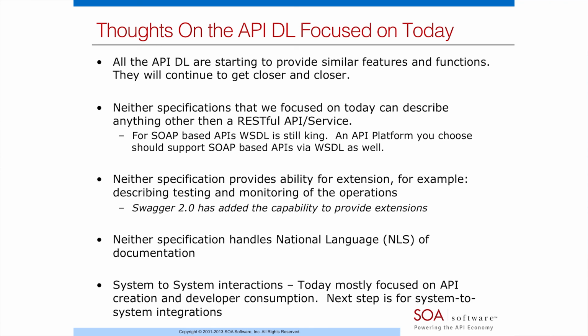Today, the focus on these API description languages really has been on the consumption side of the house, how to make it easier for people to consume, how to make it easier for providers to govern, describe the metadata. So we'll see a lot more coming with the IoT and system-to-system integrations and how that pertains to the use of these API description languages.